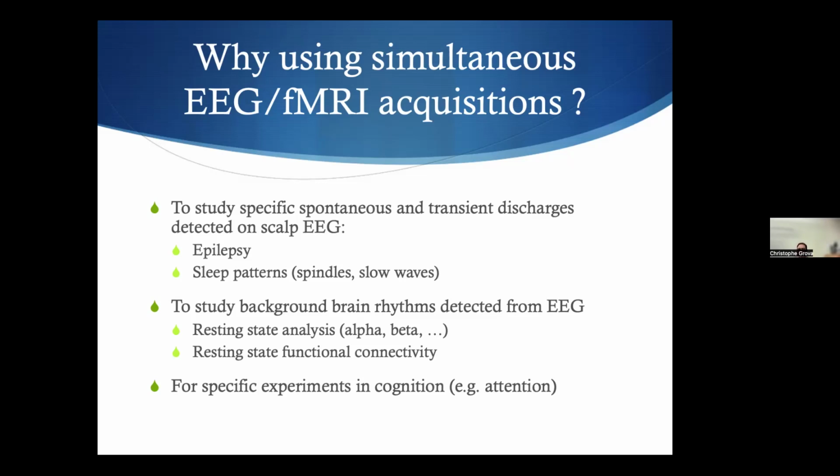Yeah. I think the underlying idea is to link the amplitude or the power of the signal we have in EEG and the related GABA or glutamate concentration that we have. So this is the main idea.